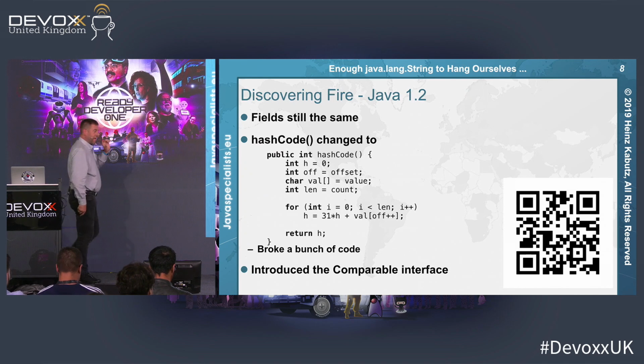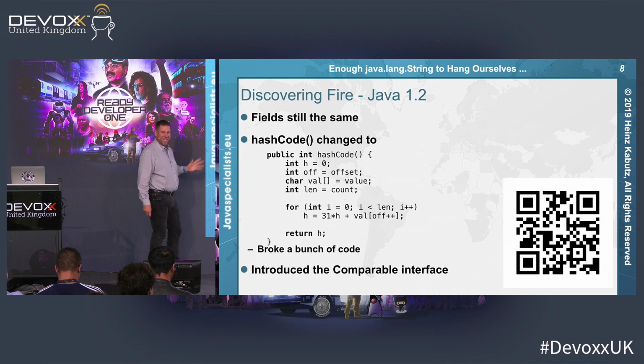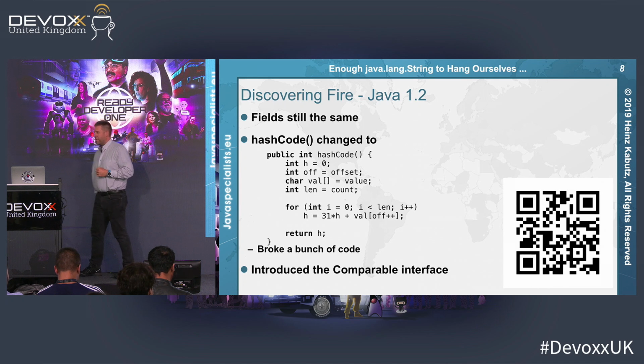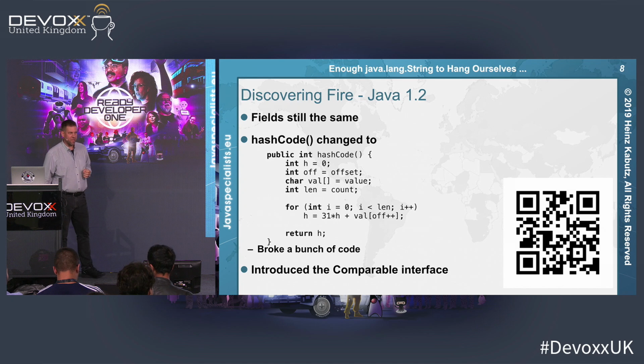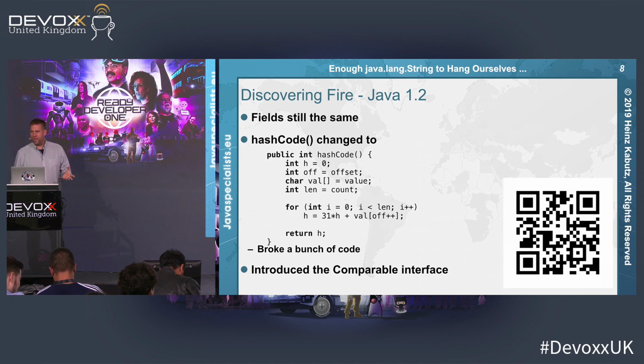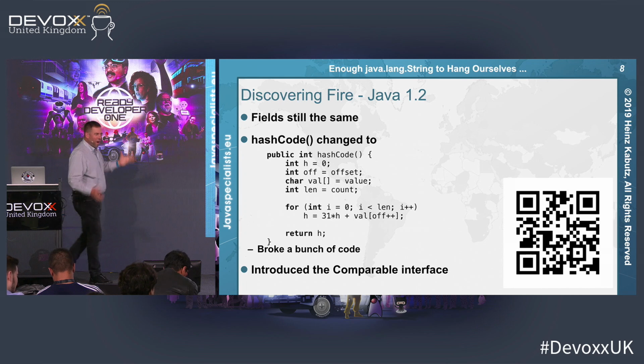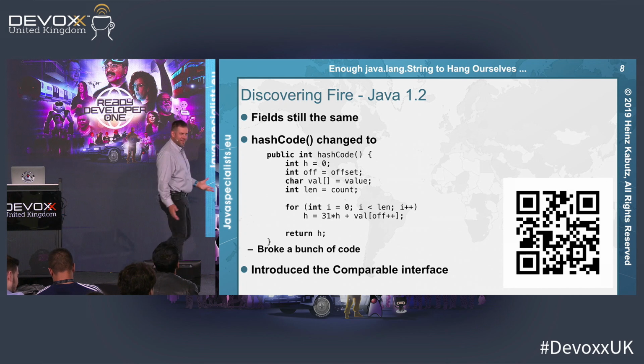In 1.2, they kept the fields the same, but they changed the hash code. You can imagine this was, I don't know exactly when, must have been about 1998 or 1999. And even then, people were screaming, why did you change the hash code?